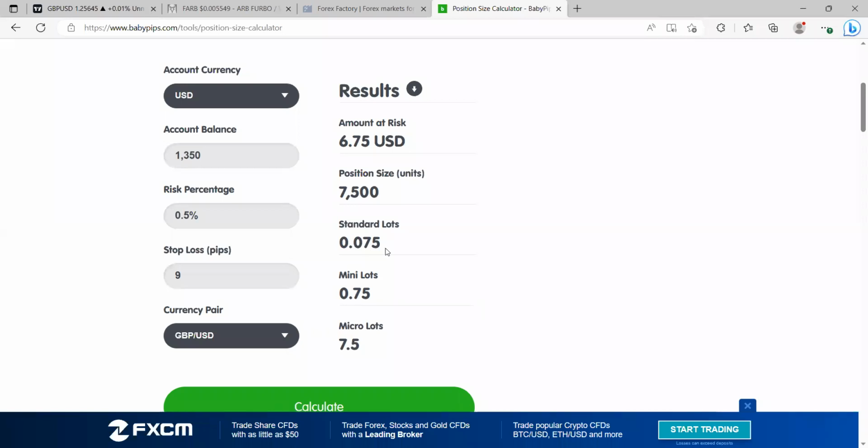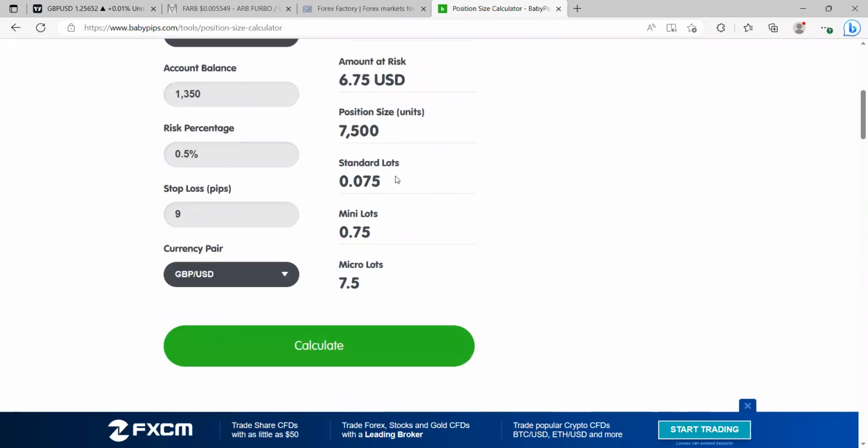That's what you are using. That's your lot, 0.075. Okay, use standard lot here, based on a dollar account. And when you use that, you just trade it. It will tell you the lot size to use based on the risk.